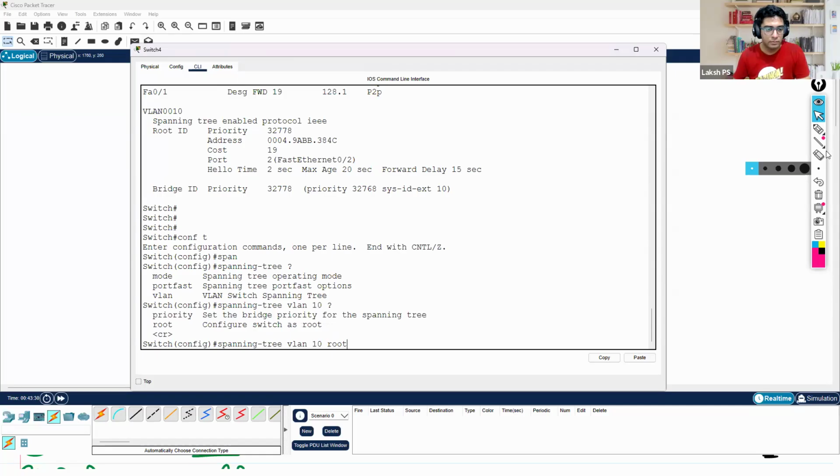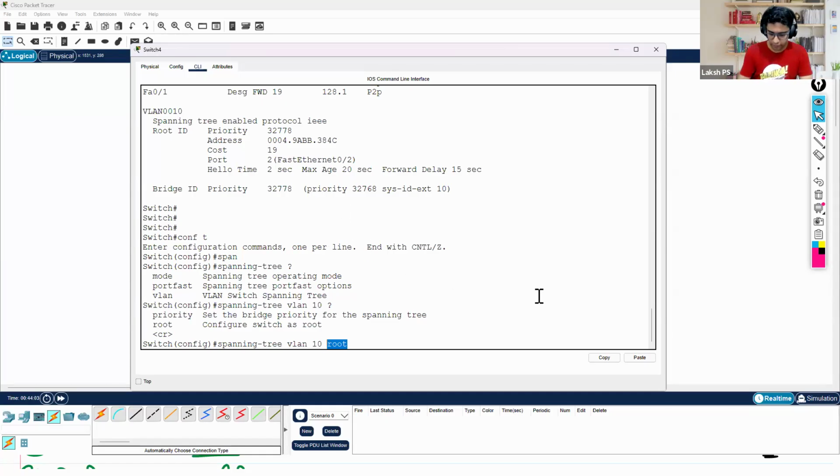I'm saying configure switch number 4, you can see this is switch number 4, as the root switch for VLAN number 10. So switch number 4 will become the root switch for VLAN number 10, and only for VLAN number 10 it will have a different topology. I'll explain that later.